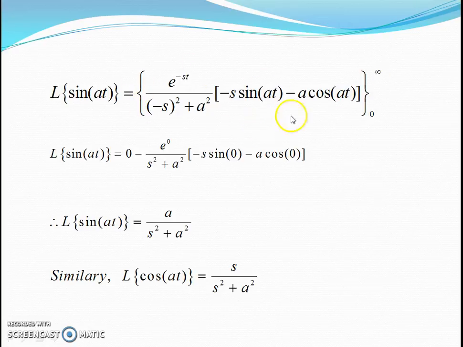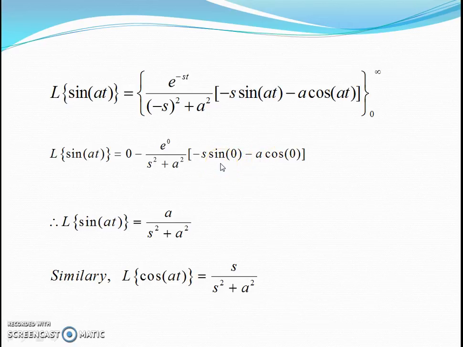After putting the limits of t, when t equals infinity, we get 0, minus, when t equals 0, we get e raised to 0 upon s square plus a square into bracket minus s sin 0 minus a cos 0.